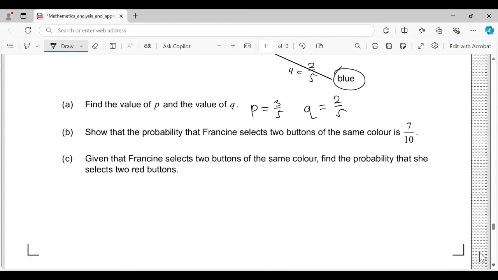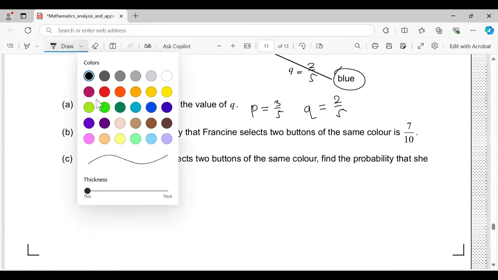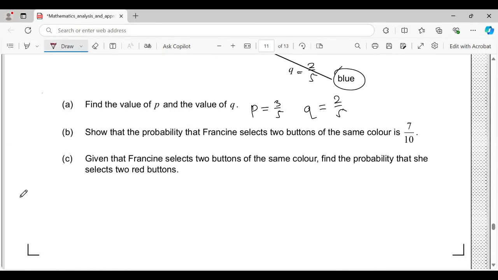Two buttons, it means the probability of RR or BB, the same color.